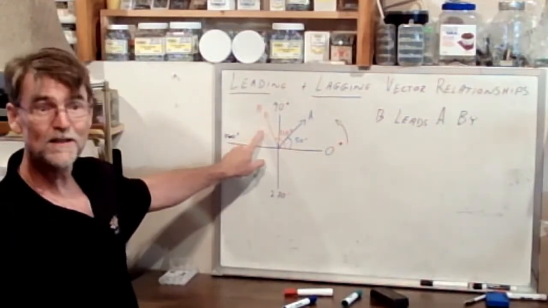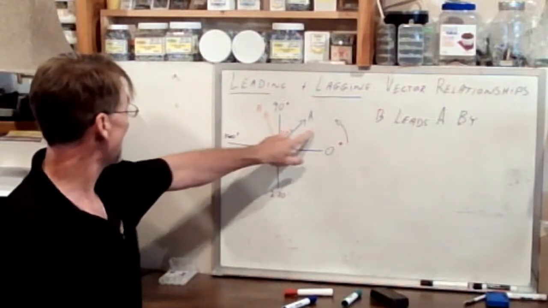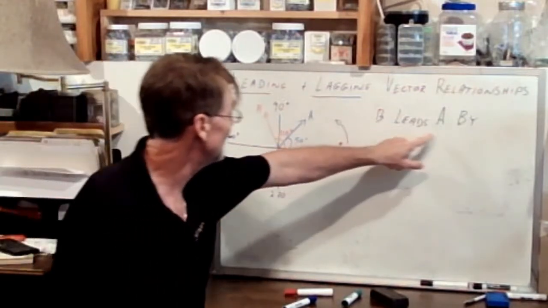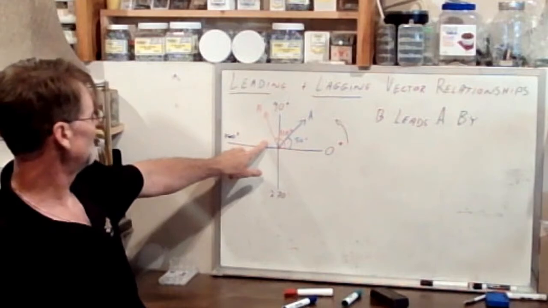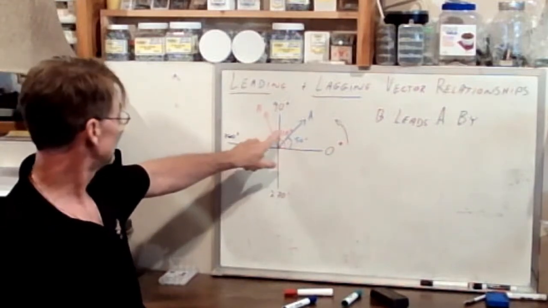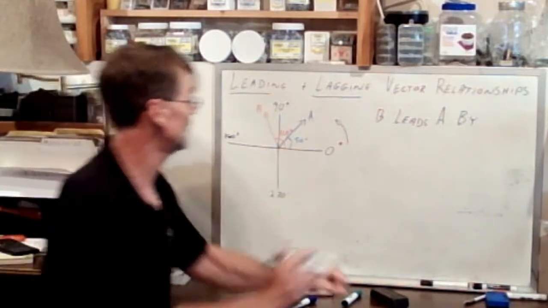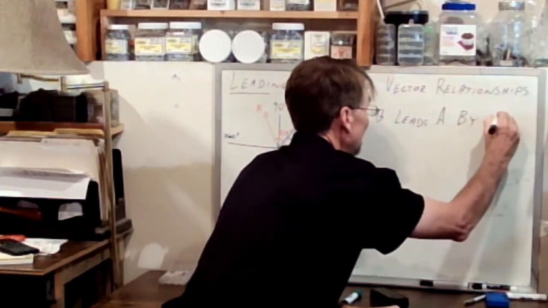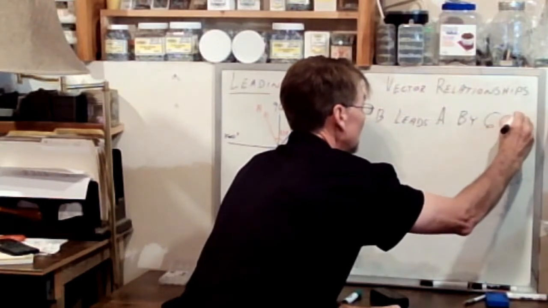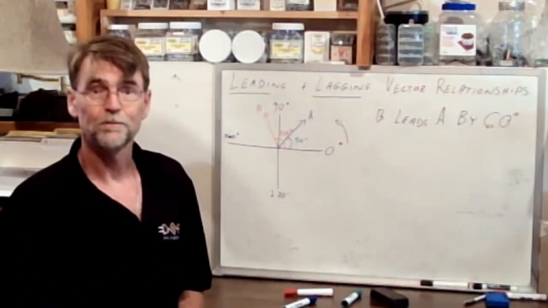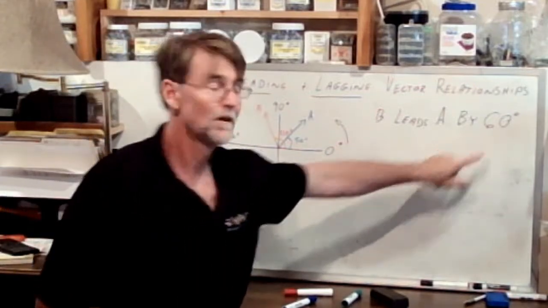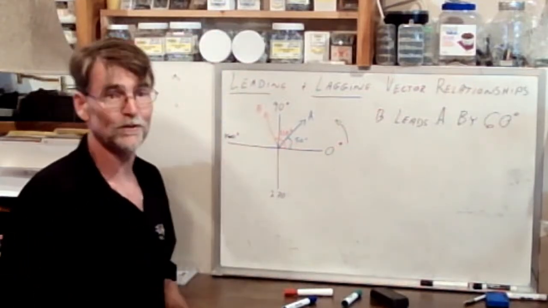B is winning the race. B is ahead of A. B leads A by how much? 110 degrees minus 50 degrees. B leads A by 60 degrees. That would be a true statement about the relationship between these two vectors.